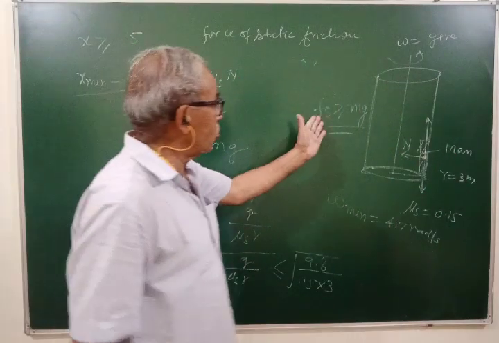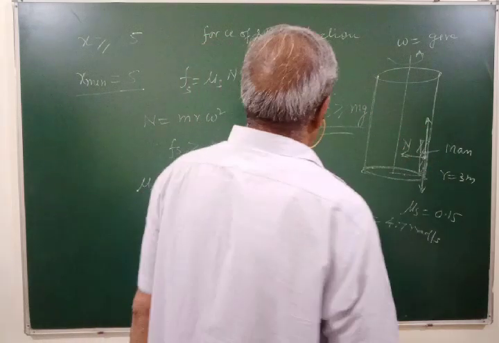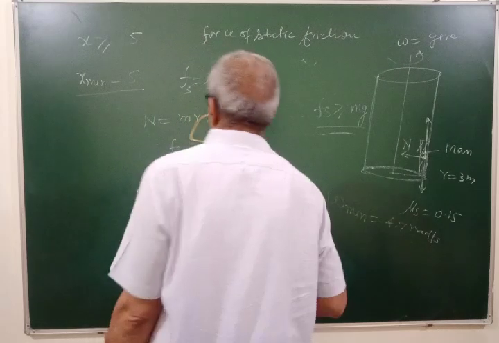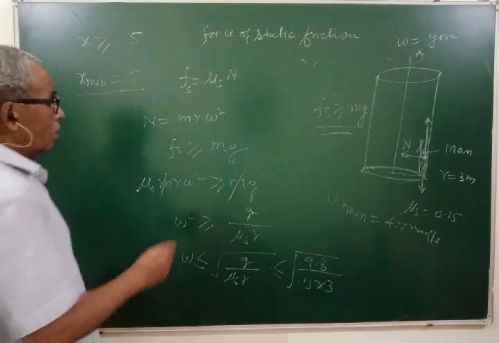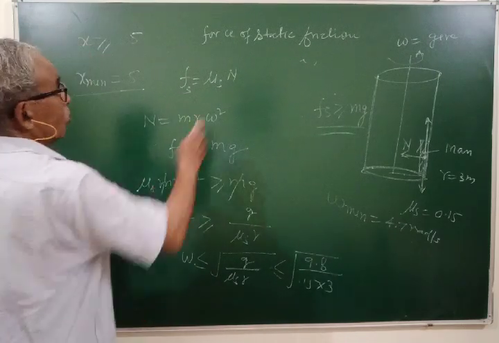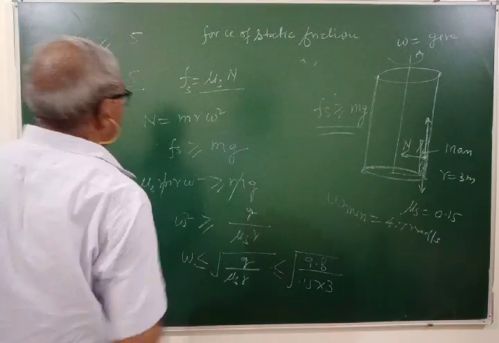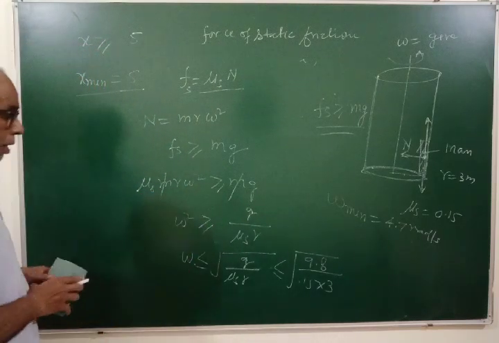Till the force of friction balances the weight, the man will remain stationary, and the minimum force is equal to mg. The force of friction Fs is equal to mu n, and n is equal to m r omega square, so mu s r omega square is greater than or equal to mg.